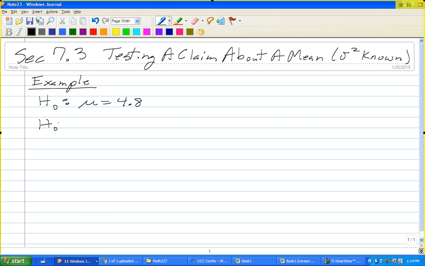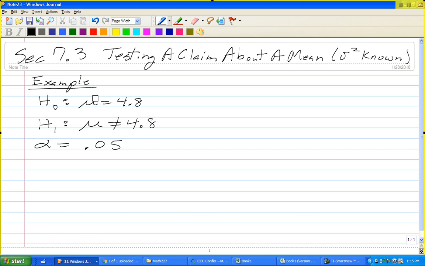The alternative hypothesis, by the way, sometimes they use the letter A to denote alternative hypothesis, I just use one, is that the mean is not equal to 4.8, and the level of significance is 0.05. So notice that this is my hypothesis test. Notice that this is a claim about a population parameter, the population mean.